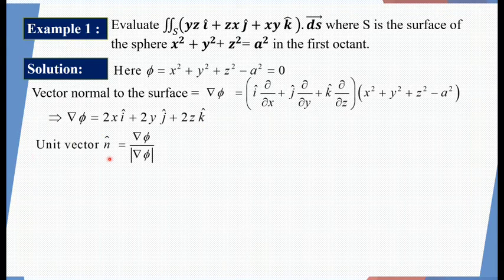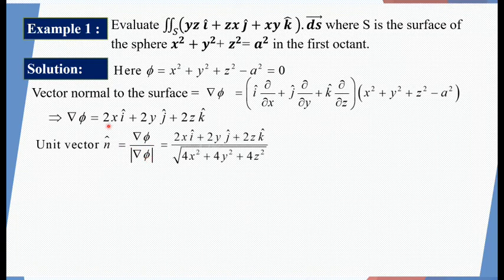So the unit vector n cap is equal to del phi upon mod of del phi, that is, grad phi upon mod of grad phi. So what is grad phi? 2x i plus 2y j plus 2z k upon the mod, which is the square root of 2x whole square, that is 4x square plus 4y square plus 4z square. From the numerator we can take 2 as common, and from the denominator we can take 4 as common.